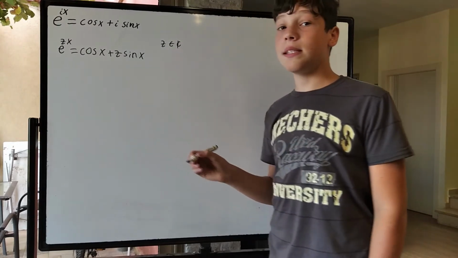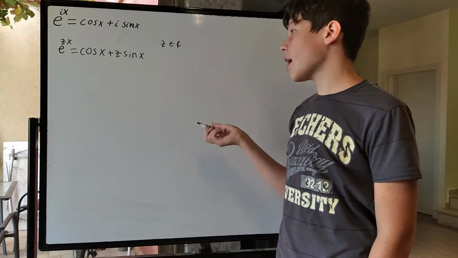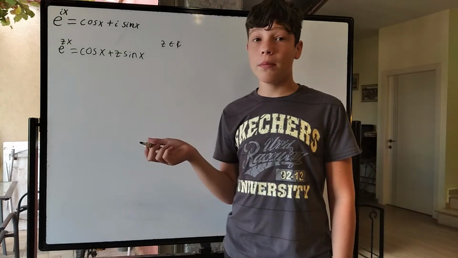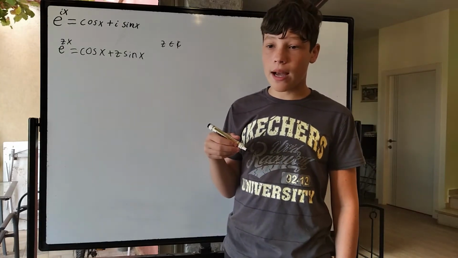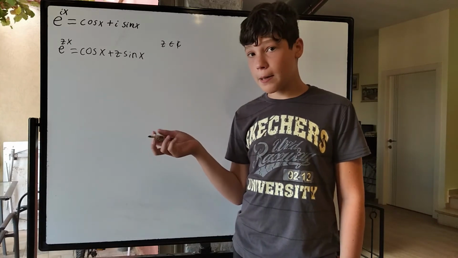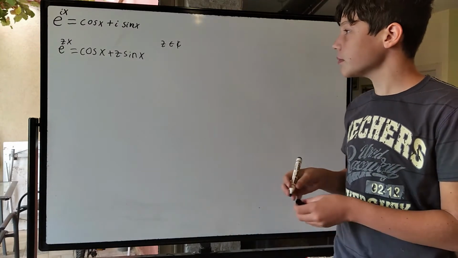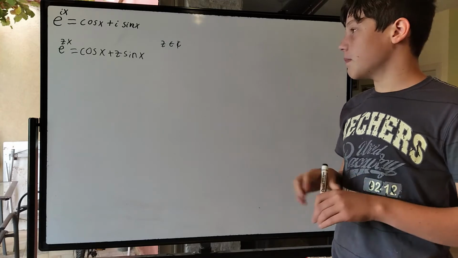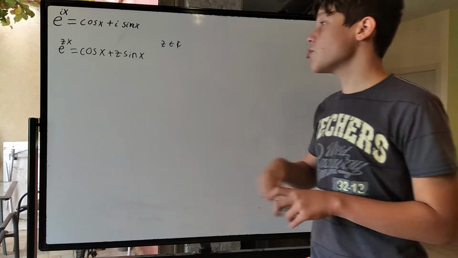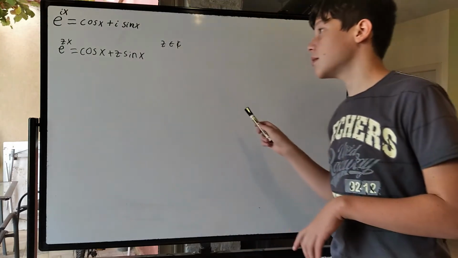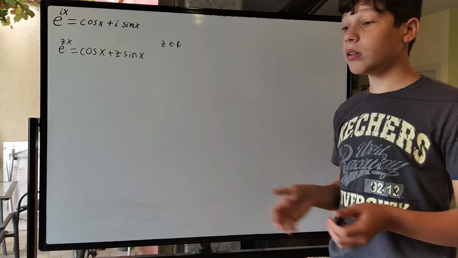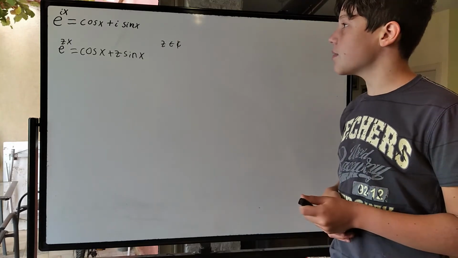So it could be that z is something like 2 or 5, or maybe it's negative 3i or 5 plus 10i. It's a complex number. And this is true for all x. And we want to find all complex numbers that satisfy this.